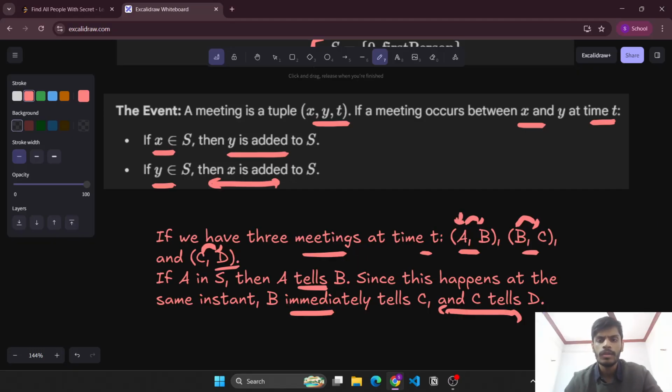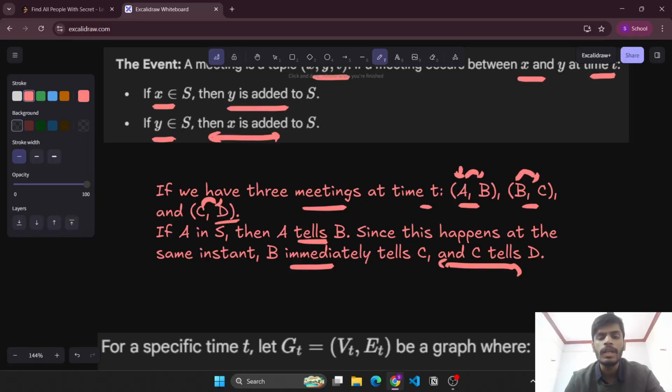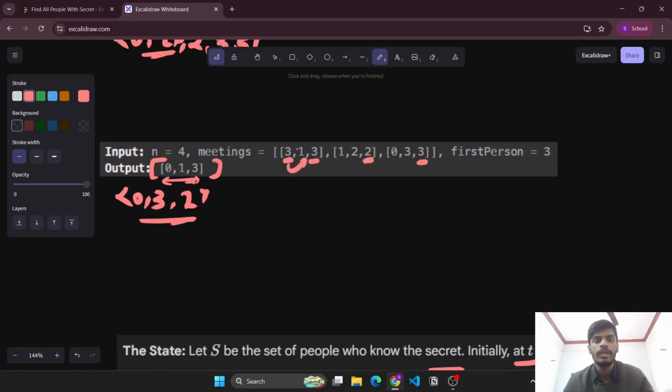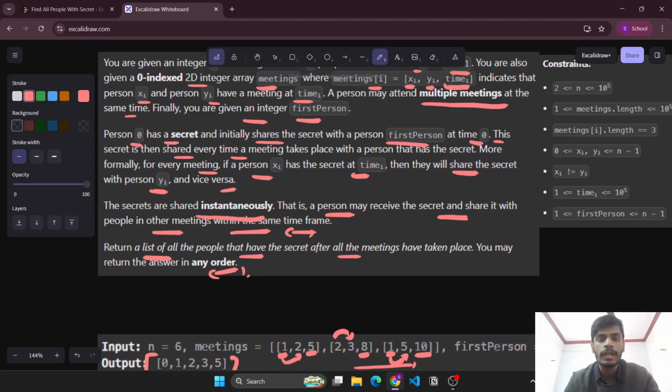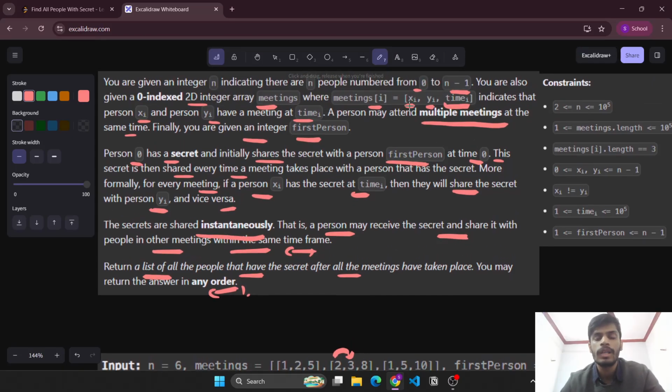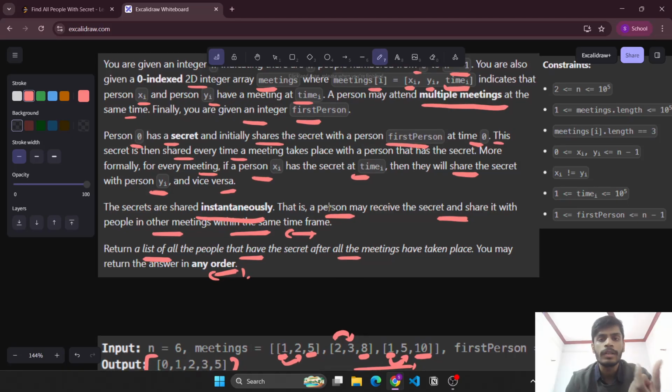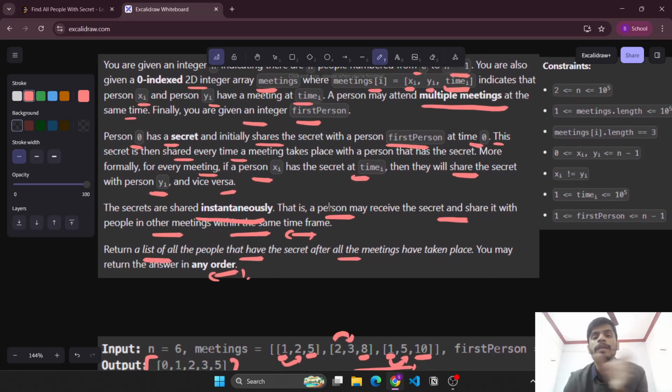So what can we do here? We can get an intuition that since we are given the meetings in the form of pairs, maybe we can construct a graph, because we need to find out at a particular time how many people are connected with each other.